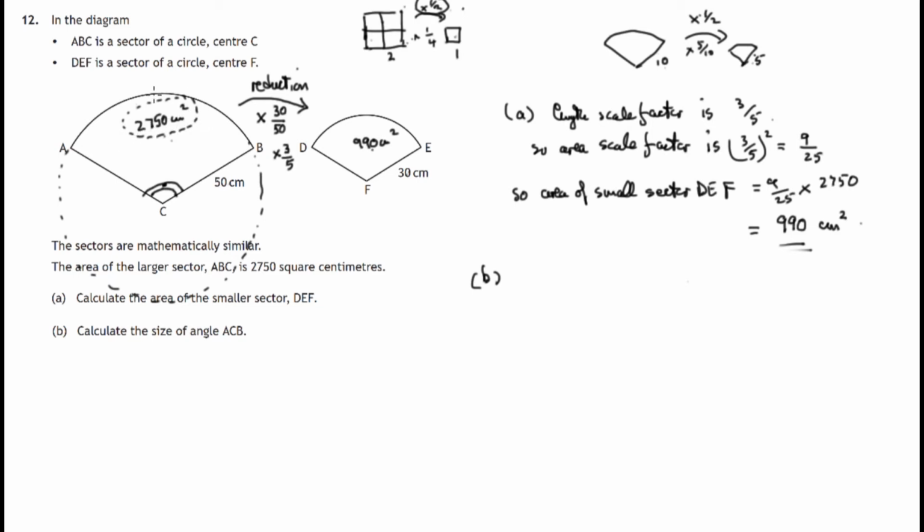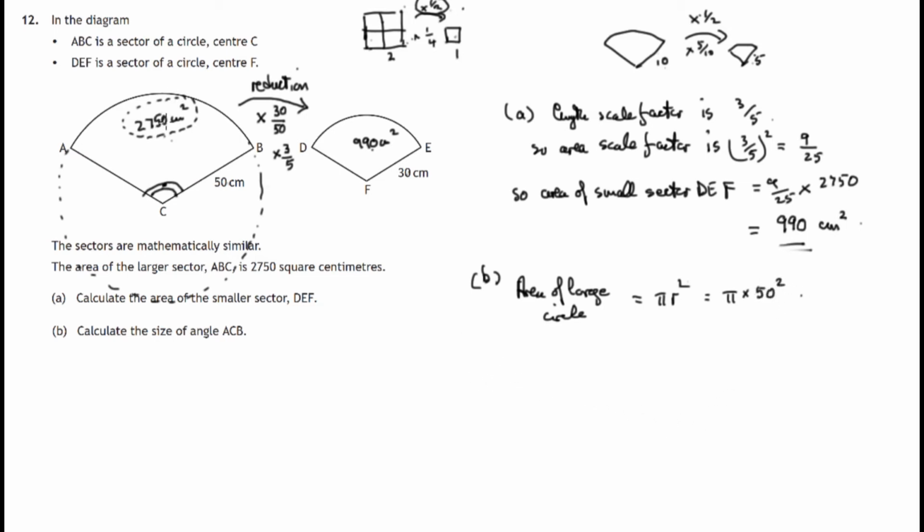How does that area compare with the area of the whole circle? So the area of a large circle would be pi r squared. That's pi times the radius, which is 50 squared.